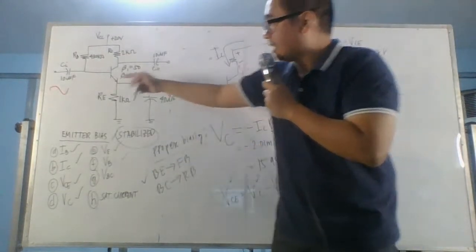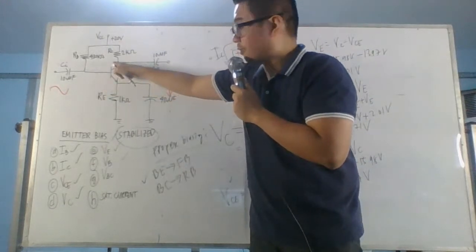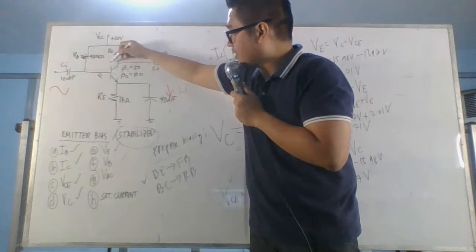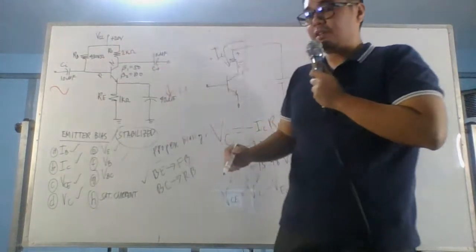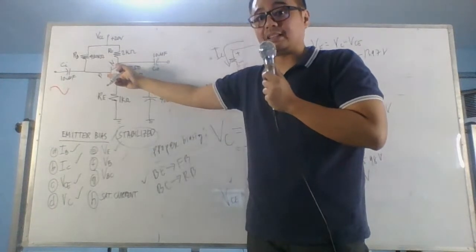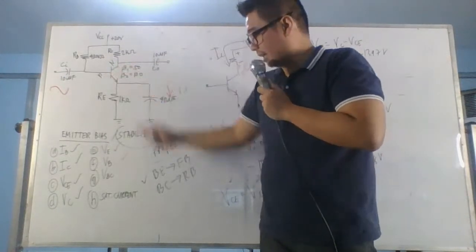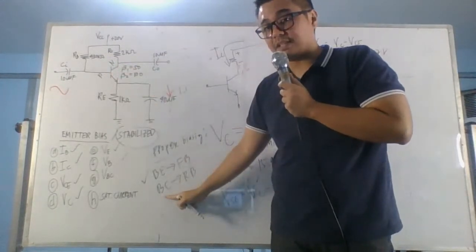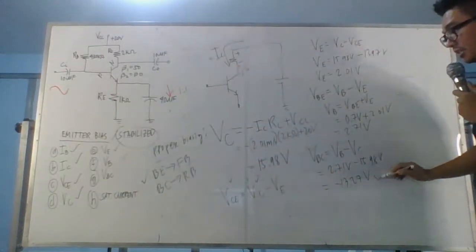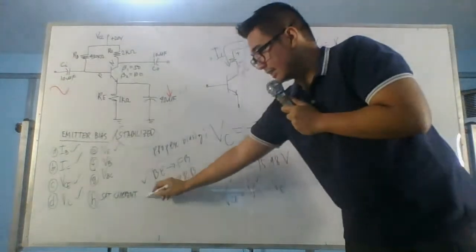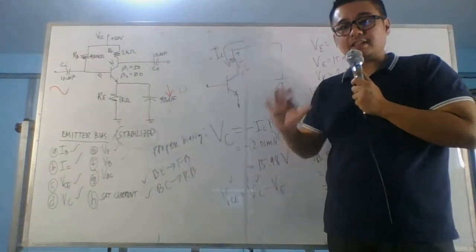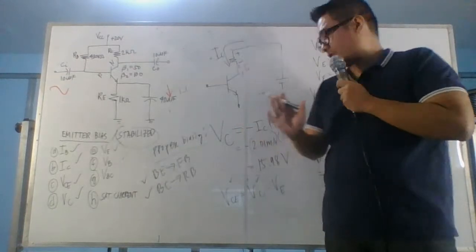So tingnan natin, this is the base, this is the collector. So ang base natin ay P-type, ang collector natin is N-type. So if we're going to measure the voltage here, dapat negative. Para masabi natin naka-reverse bias yung BC. Negative pa yung VBC. Yes. So this is properly biased. It acts as an amplifier at hindi bilang isang switch.